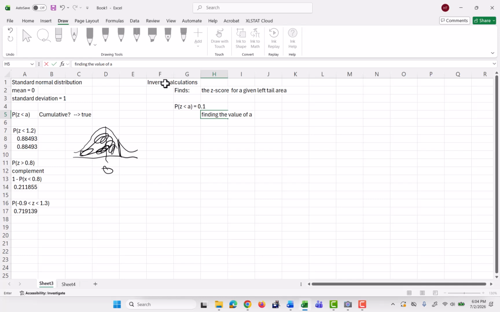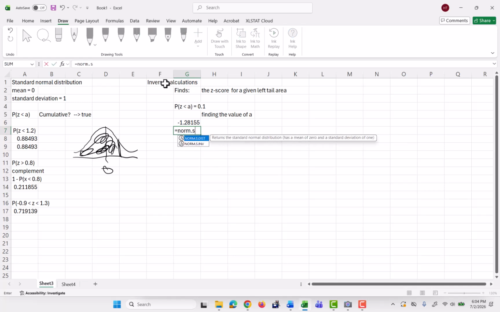So it equals NORM.INV. The probability is 0.1. Now I didn't use the S, so I have to put in the mean of 0 and the standard deviation of 1. And there I get negative 1.282 as the z-score that corresponds to a left tail probability of 0.1.